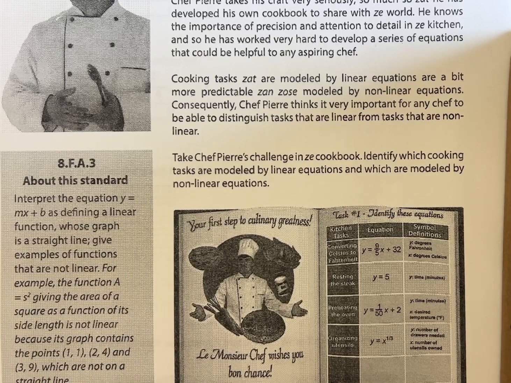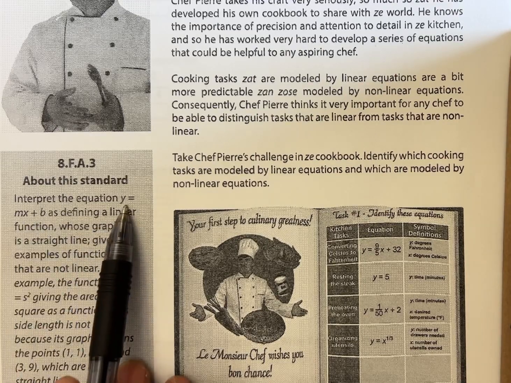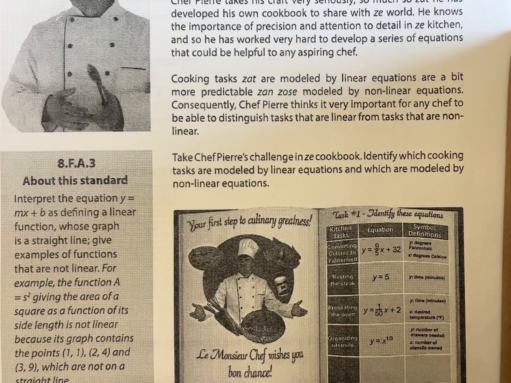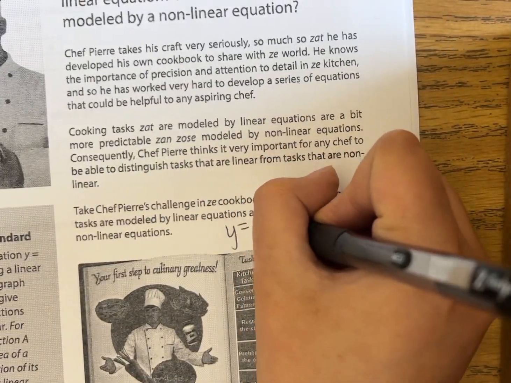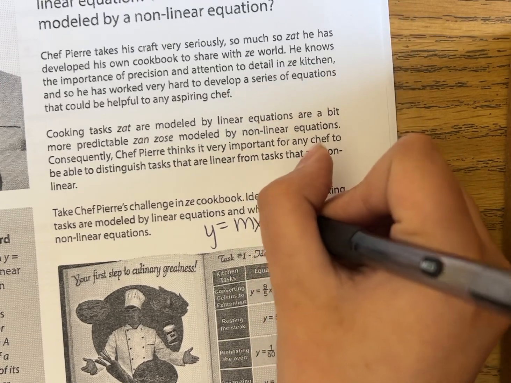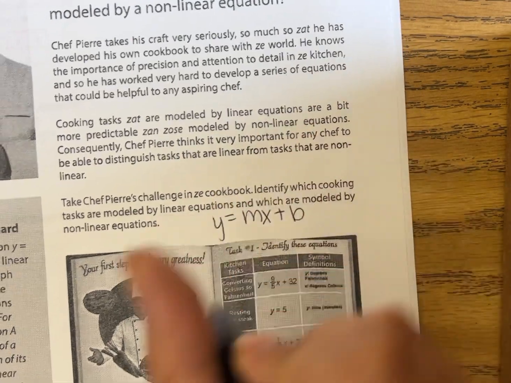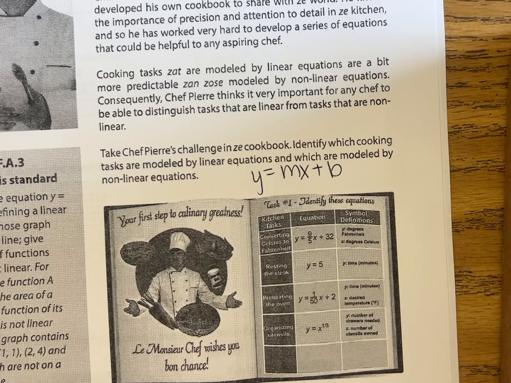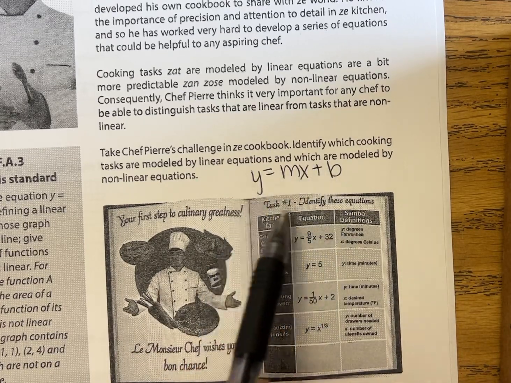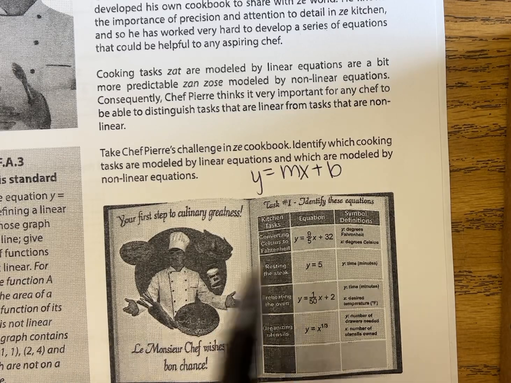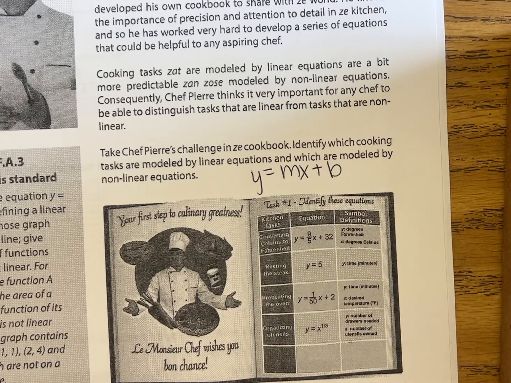Okay, pues en este lo que tenemos que poner mucha atención es que esté en la forma y es igual a mx más b. So I want you to write that down. Write down y equals mx plus b form. Okay, so remember, in order for it to be linear, it has to be set up in this form. Tiene que ser en esta forma para que sea lineal.